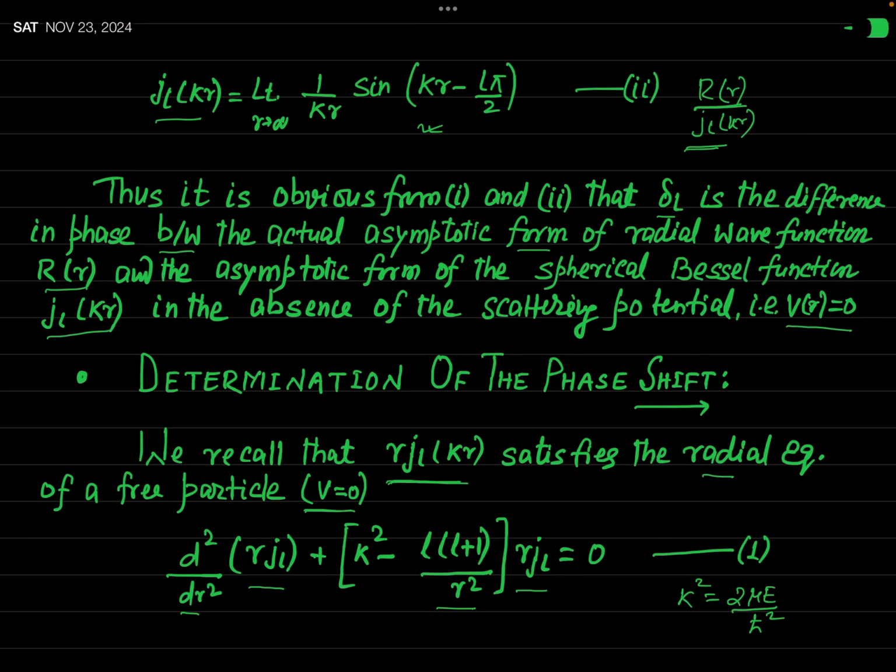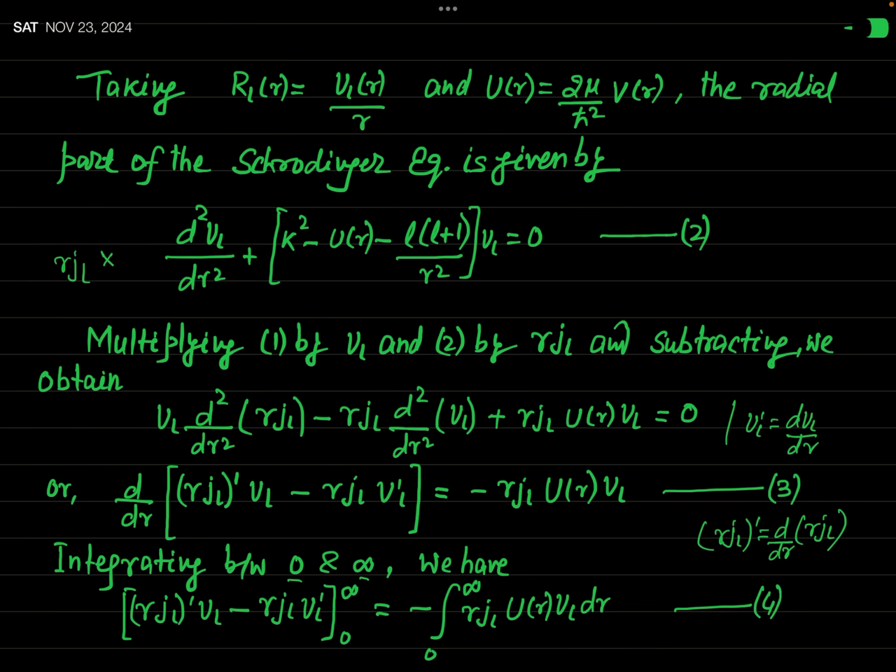Now, we have also written the radial part of the Schrodinger equation in terms of a function v_l of r in my previous video.